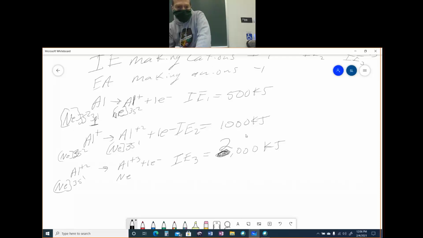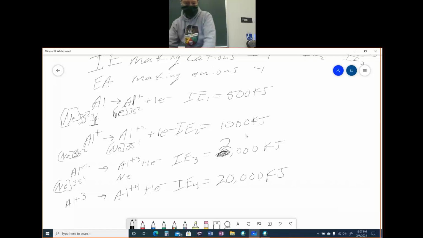Then we go from aluminum plus 3 to aluminum plus 4, plus 1 electron, and ionization energy 4 is 20,000 kilojoules. Then we're going to do one more.